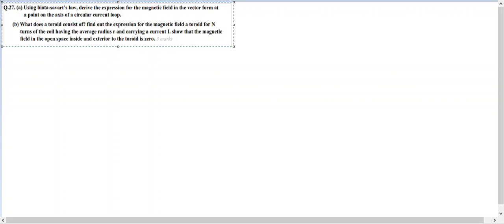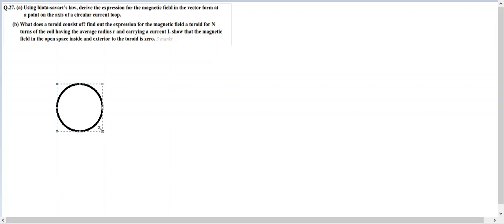So a toroid basically is a hollow circular ring on which a large number of insulated turns of metallic wire are closely wound. So let us just make a hollow ring. So that's one. So basically this is hollow.